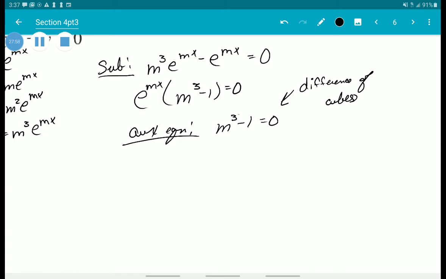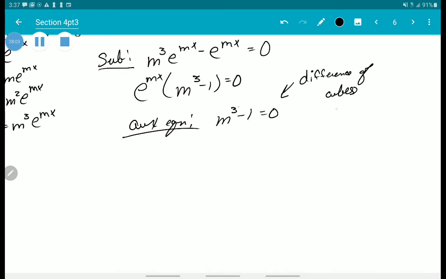So to find the complex roots, we have to use the difference of cubes formula. If you think back, the difference of cubes formula: a cubed minus b cubed is equal to a minus b times a squared plus ab plus b squared. So this guy's going to factor into m minus 1 times m squared plus m plus 1.